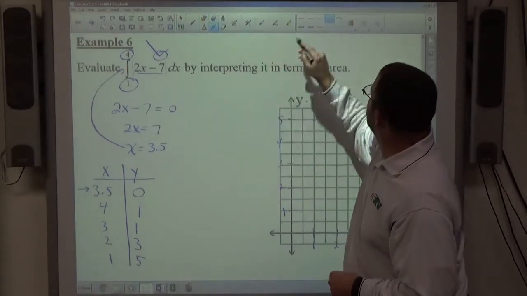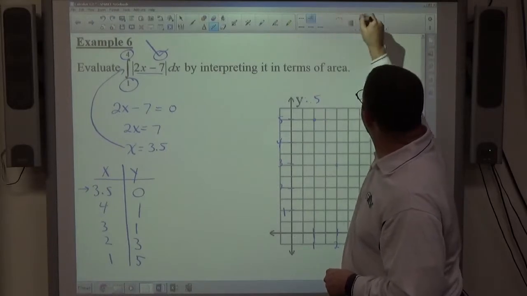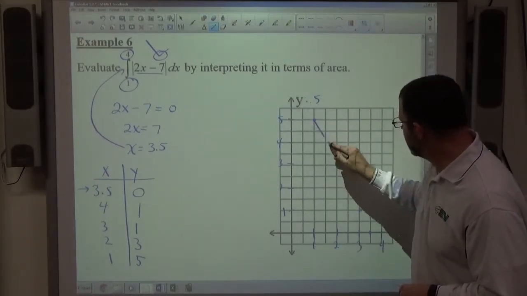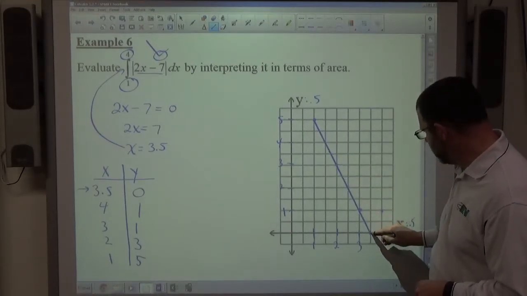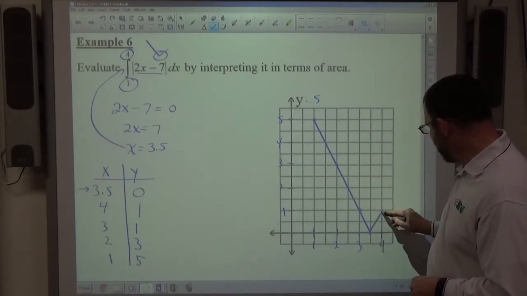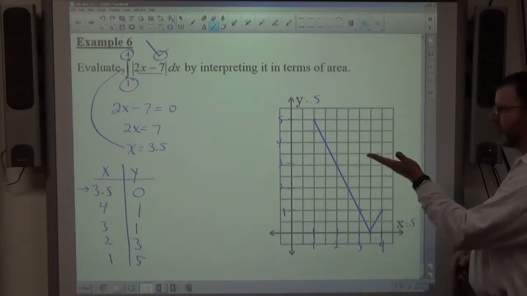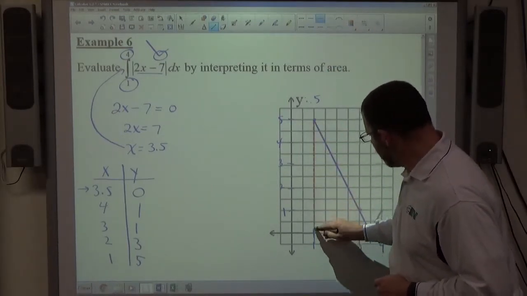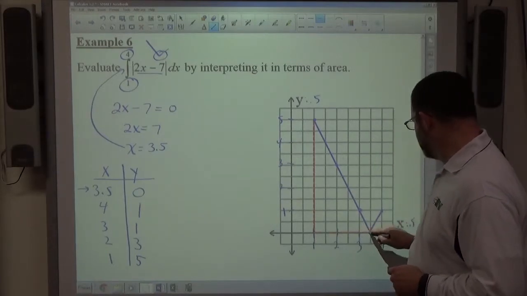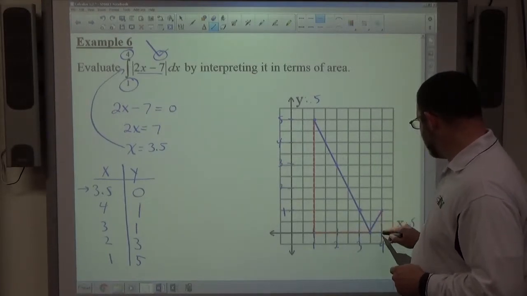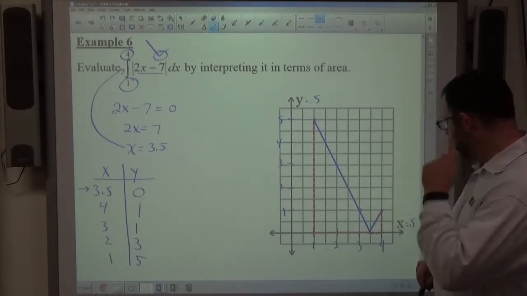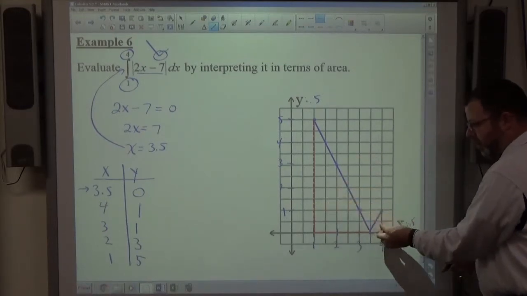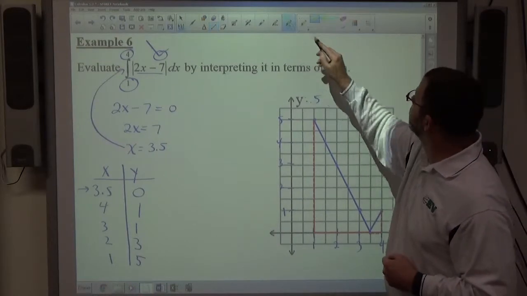If I were to connect those dots with a segment, like so, starting here, going to here, and then going back up here. The entire graph's above the x-axis, but I've got one triangle happening right here. I've got a second triangle happening right here. So even though everything's above the x-axis, I've got to find this area and add those two areas together.